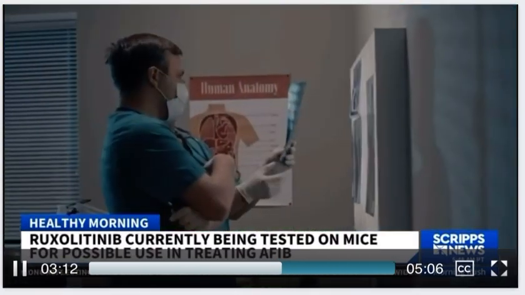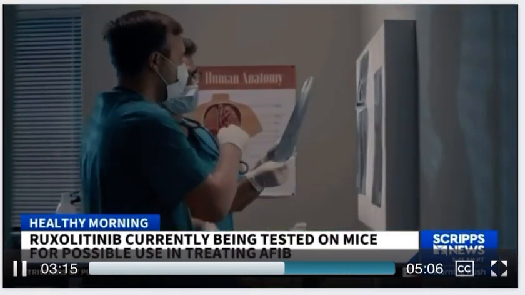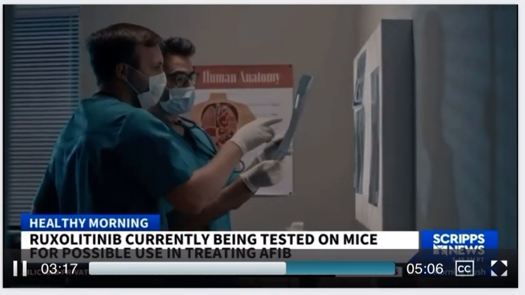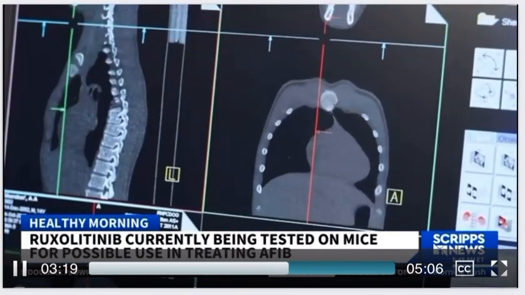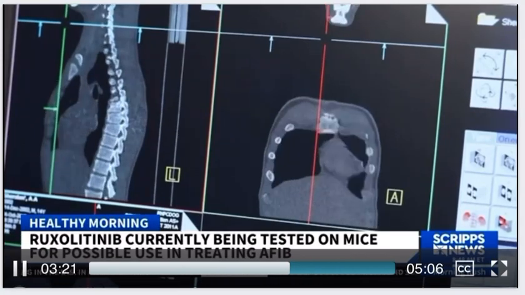And specifically, in these mice and in these human cells, it looks as if it inhibits some of these inheritable arrhythmias, specifically of the ventricle, but also of the atria, so the top part of the heart, this atrial fibrillation. And so it's actually quite exciting.